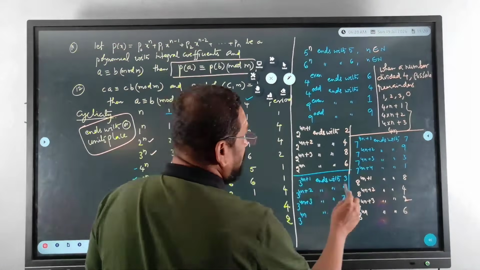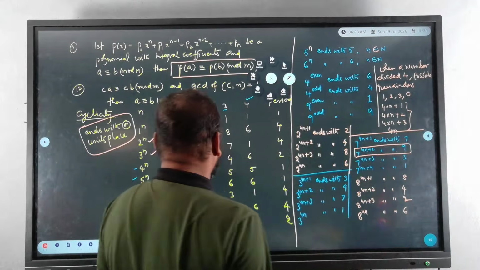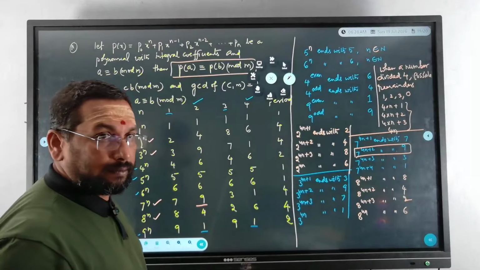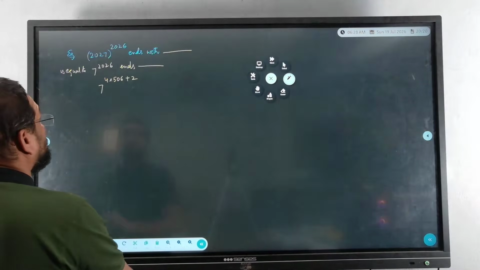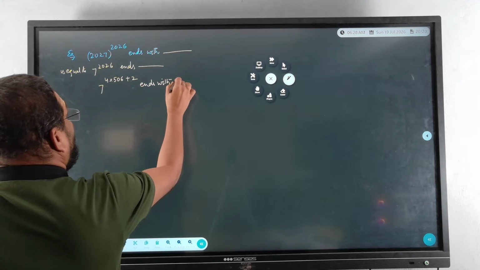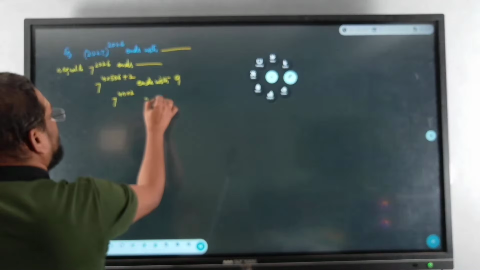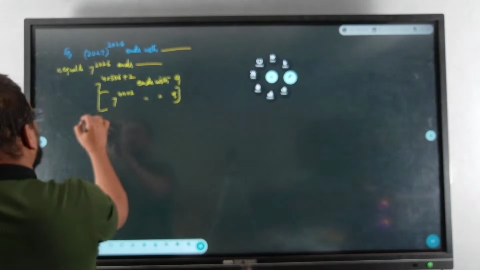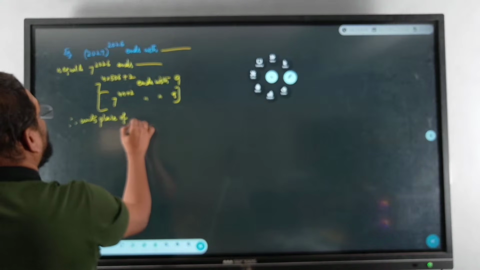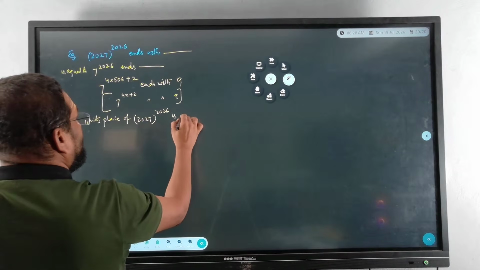What is 7 power 2? 7 power 2 ends with 9. Since 7 power 4n plus 2 ends with 9, therefore the units place of 2027 power 2026 is 9.